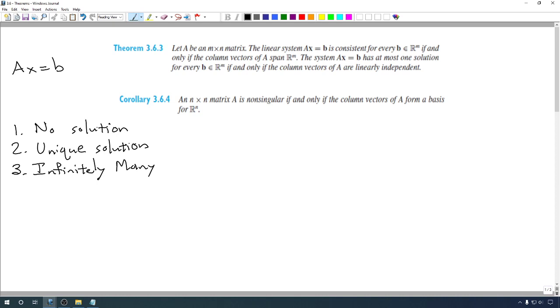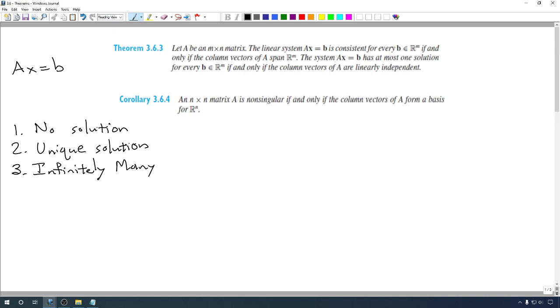Now, of course, if A is a square matrix, if m equals n, then we can combine both parts of Theorem 3.6.3 into a corollary, 3.6.4. Basically, for Ax = b to be consistent for every b, A has to be non-singular.